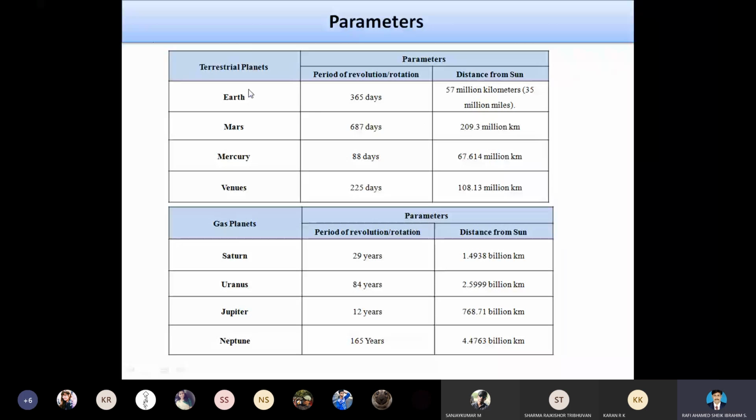As we know, we have the planets in three parts. The first part is the terrestrial planets, the second part is the gas planets, and the third part is the dwarf planets.